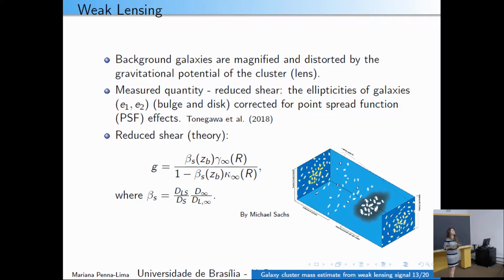People noticed that these quantities, when you consider the distance up to infinity, are better behaved than if you do not do it like this. So this is due to photometric redshift uncertainty.